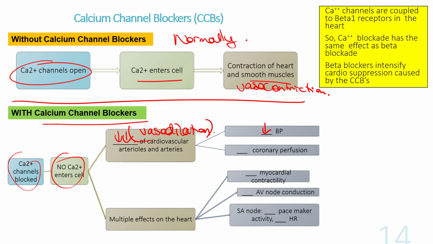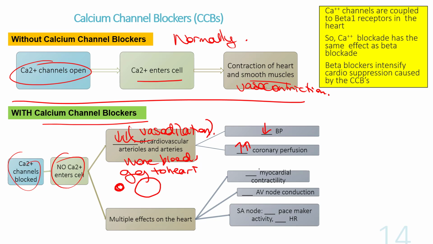And because it causes vasodilation, there's more blood going to the heart, right? Because instead of blood being able to go through an arteriole that big, it can go through an arteriole that big. So there's more blood going to the heart, and so coronary perfusion increases.